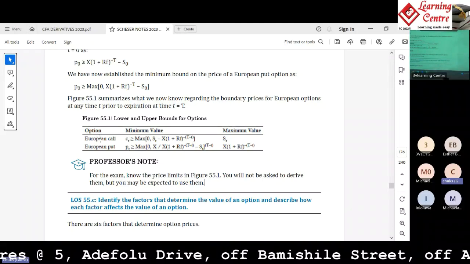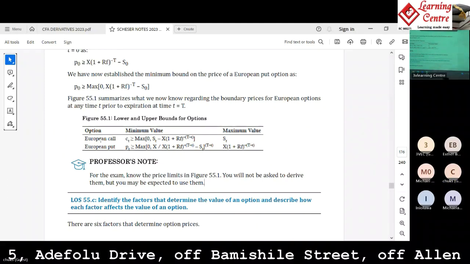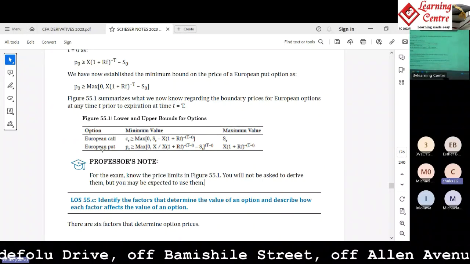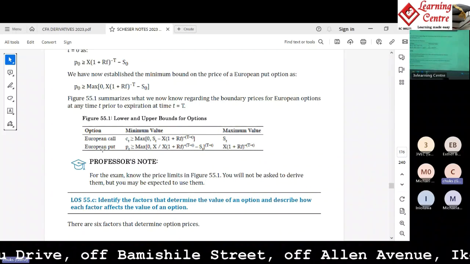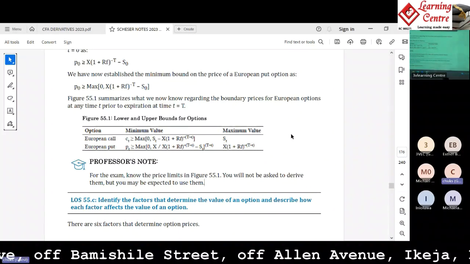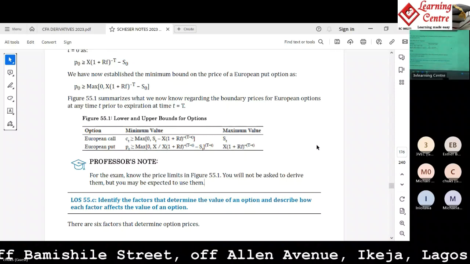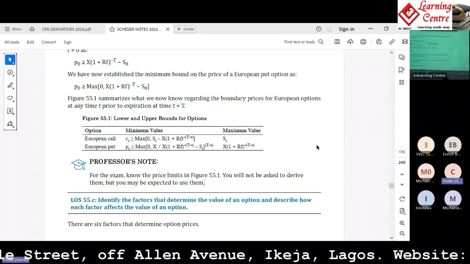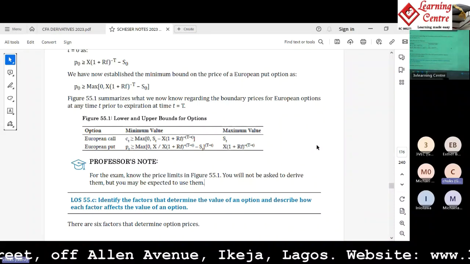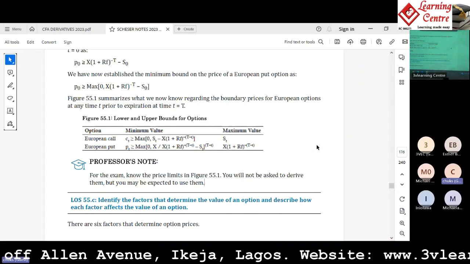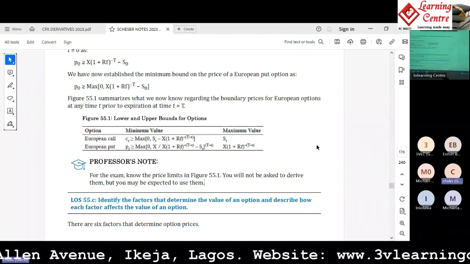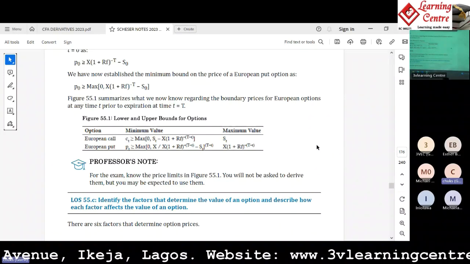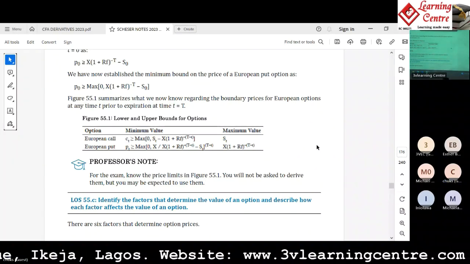So for the call option, for the put option, let's start with the put option. Remember for the put, since it's exercise price minus stock price, I'm going to sell at a price of $40, for example.